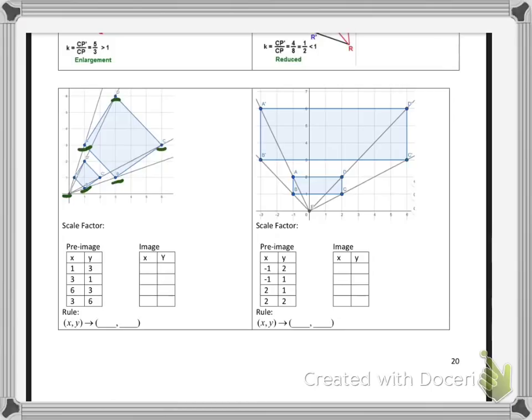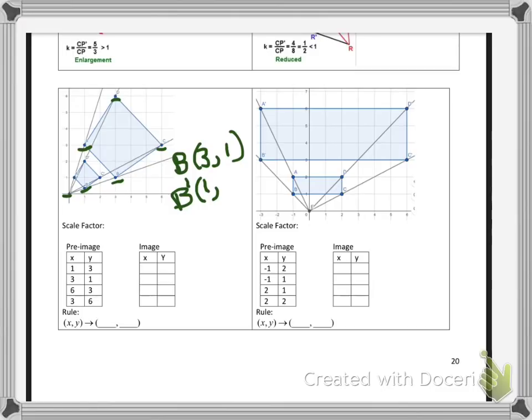So all I have to do is look at one point. So I can see that B is at 3, 1. B prime, I can see the X value is 1. Well, that means that my scale factor must be 1/3.